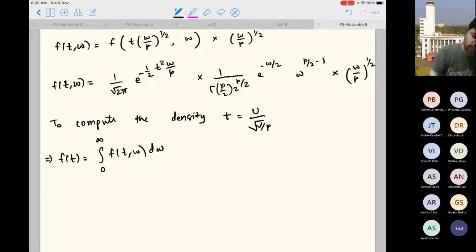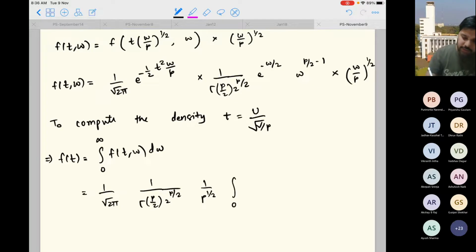That's all I'm doing. So this is basically equal to 1 by root 2 pi. So I'm taking all the constants out of the integration now. Then 1 upon gamma P by 2 into 2 to the power P by 2. Correct. So this is the second constant that will come out. Then this P to the power half, in the Jacobian you see 1 upon P to the power half, that will also come out. Then what am I left with inside is integral 0 to infinity.